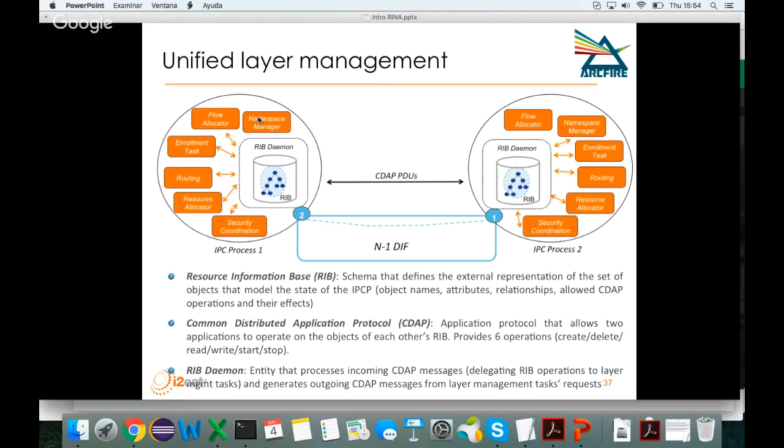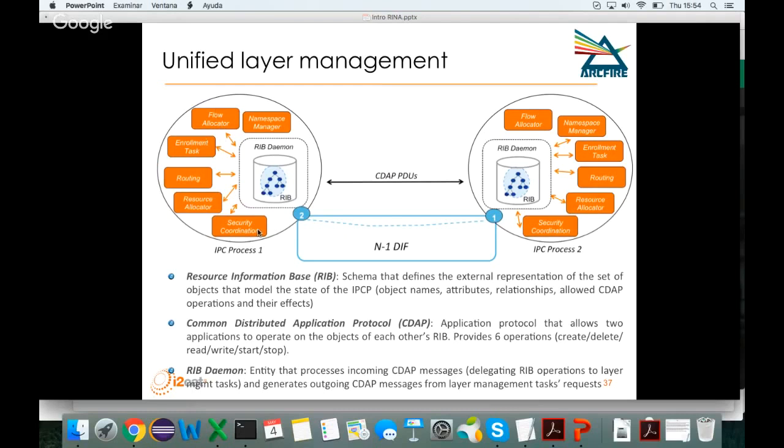What we have here is that basically all these protocols do is exchange structured information and invoke operations on it. And then there's a function in each node that does a specific function of flow allocation or enrollment and so on.